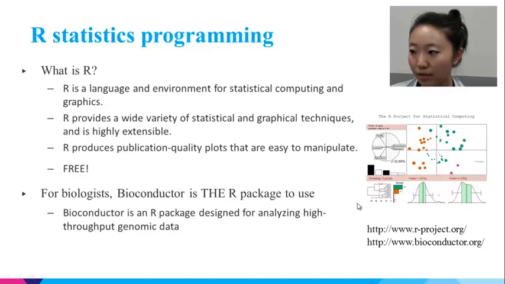R is an open resource project, which means that you're free to develop your own libraries or packages, and you can share them with everyone else. There are many well-developed packages for many kinds of statistical analysis methods and free to use. You can also obtain the source code and rewrite it to suit your own tasks.